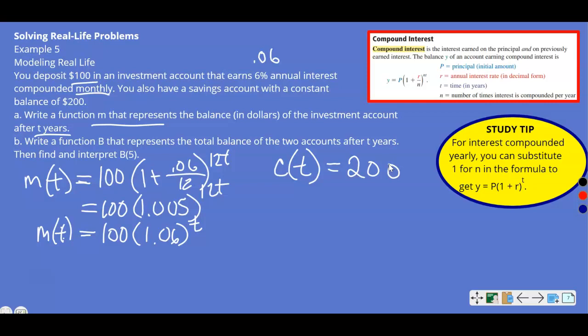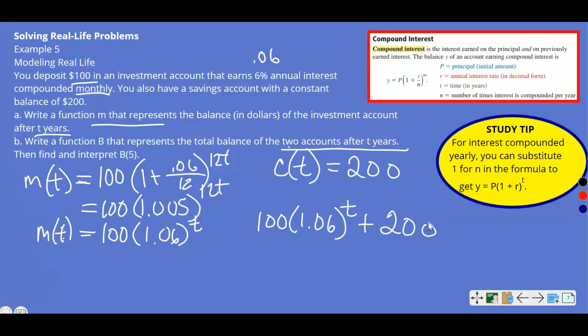All right, now it says write a function B that represents the total balance of the two accounts. All right, so the two accounts would have to be added together. So if I add the two functions together, it would be 100 times 1.06 to the t power plus 200.